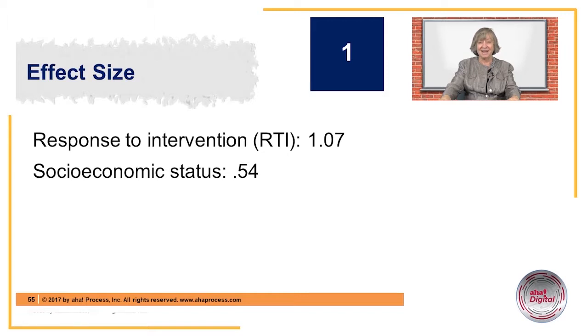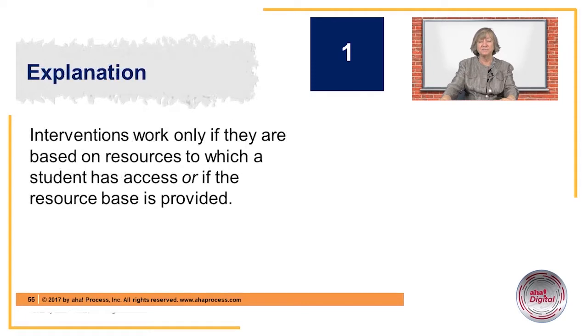And Dr. Payne points out that an intervention, an innovation, is only effective if the students have the resources that are necessary in order to carry out the intervention. So we did include that particular effect size. And then socioeconomic status itself has an effect size of 0.54, which is considerably above the 0.40 average.